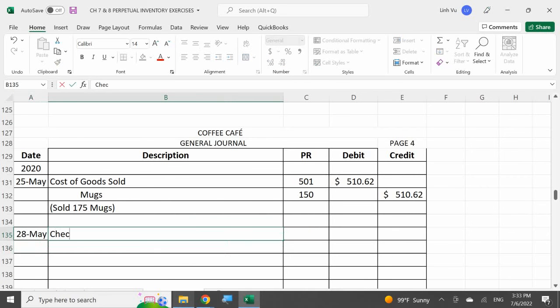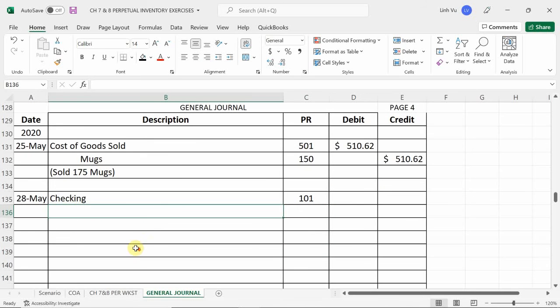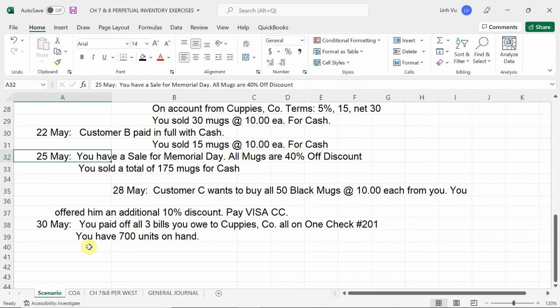Now, if the money is going to checking, let's answer this question. We just sold our 50 black mugs to my customer. On top of that, I also gave an additional 10% discount to customer C because they're taking the inventory items that we don't want off our hands.